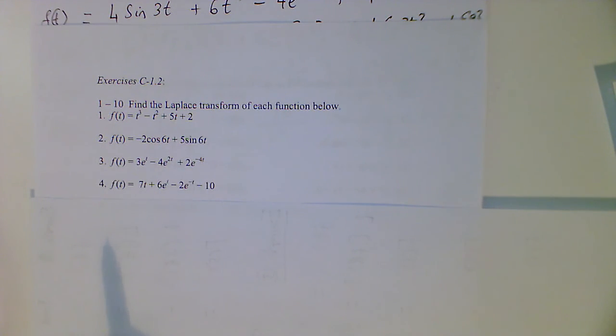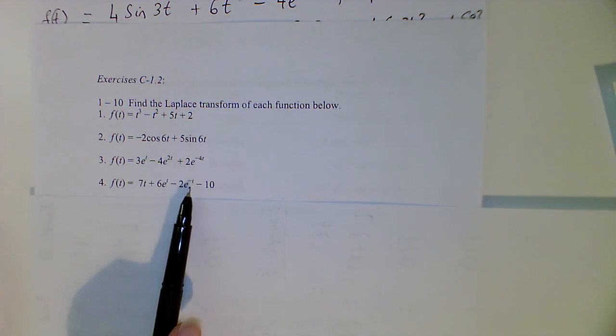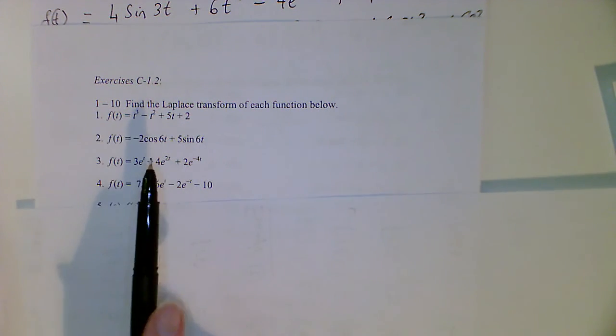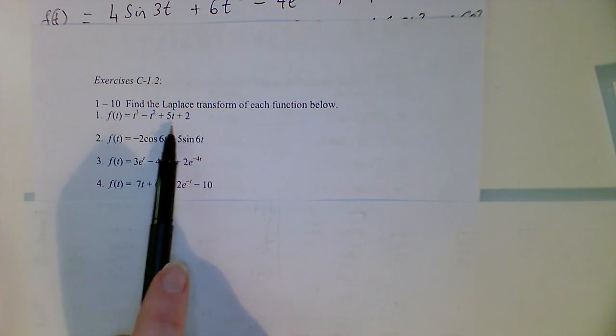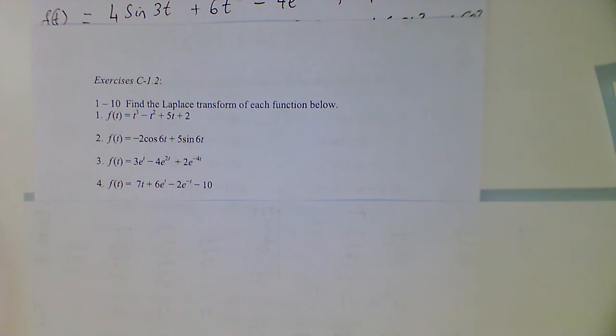The first one is t cubed take away t squared plus 5t plus 2. Then negative 2 cos 6t plus 5 sin 6t. Then 3e to the power of t take away 4e to the power of 2t plus 2e to the power of negative 4t. Then the fourth one is 7t plus 6e to the power of t, take away 2e to the power of negative t, take away 10. Those 4 questions are there if you want to attempt them.